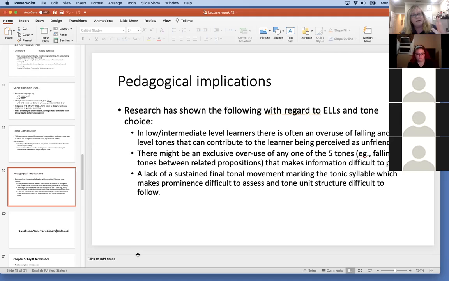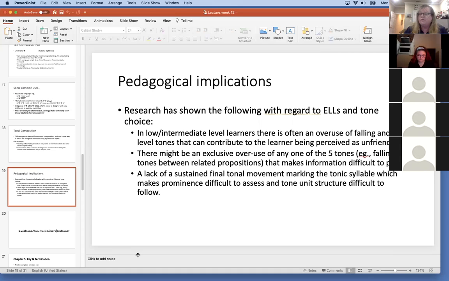And because they can't find it, they can't parse the unit properly, and it starts getting difficult to understand what the information is. So that's another very typical problem that low level or intermediate level learners will have. All the prominences, there's too many of them, and they all sound the same. You can't identify the important one at the end.